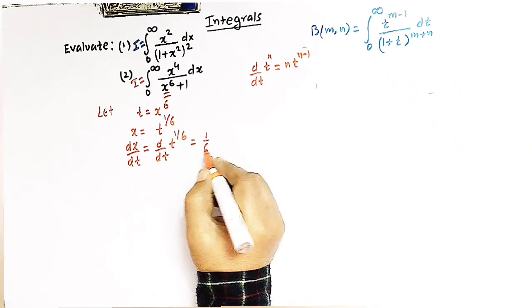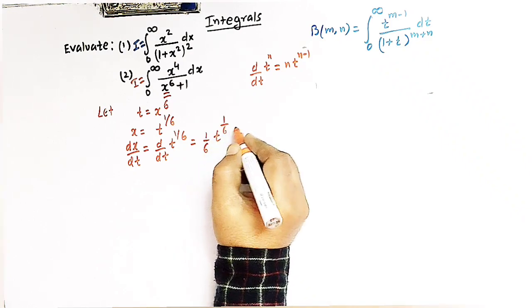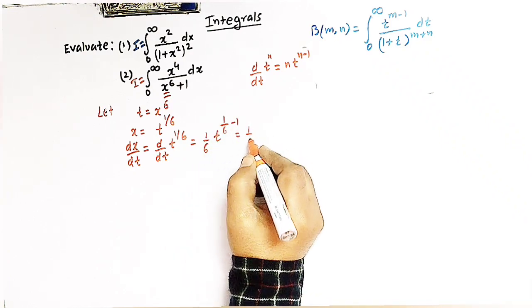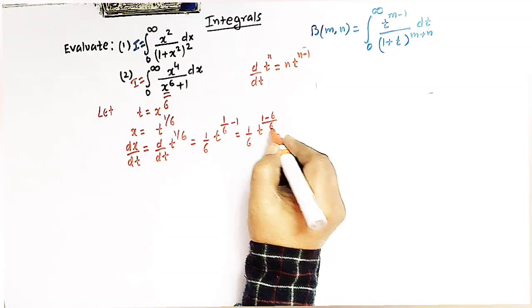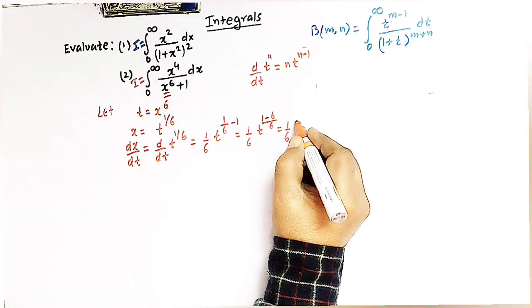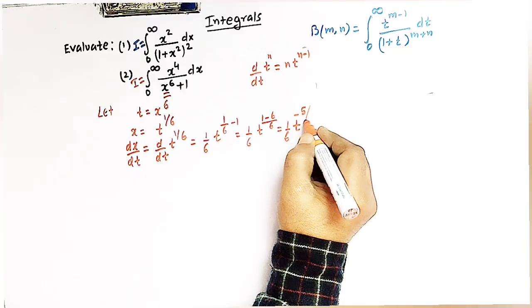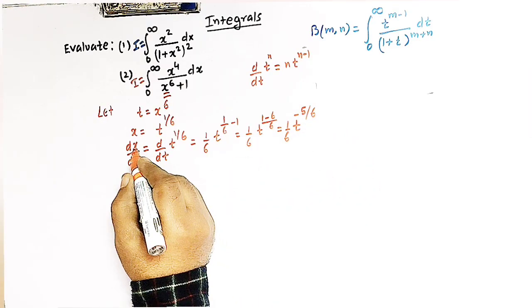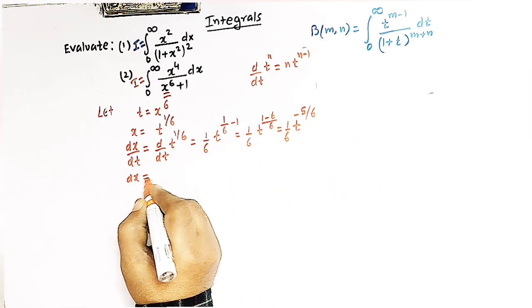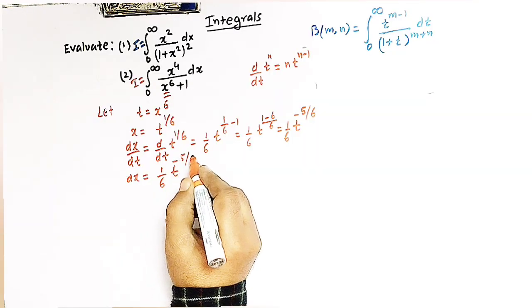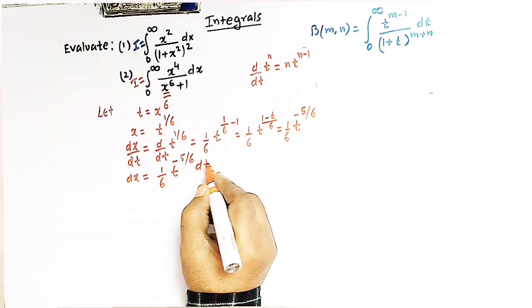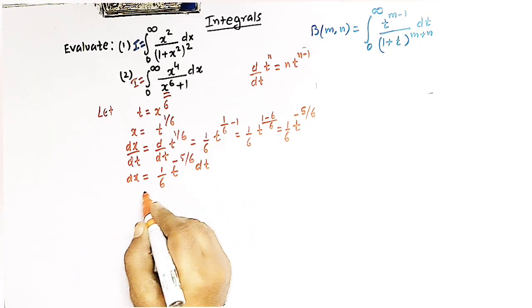So we have 1 over 6 t raised to 1 over 6 minus 1, that is 1 over 6 t raised to 1 minus 6 over 6, that is 1 over 6 t raised to minus 5 over 6. So now we can write dx is equal to 1 over 6 t raised to minus 5 over 6, and here we have dt, right?